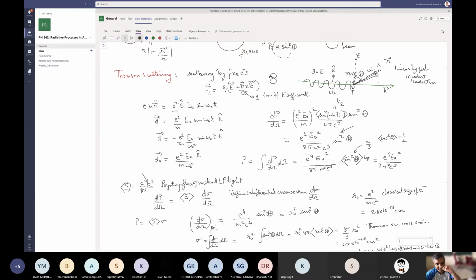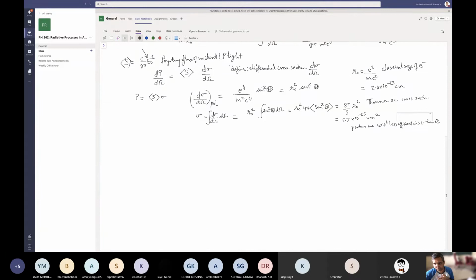When I say the cross section is independent of frequency, I mean that although the scattered light will obviously be oscillating at the same frequency as the incident light, the fraction of light that appears in this direction will be the same in the two cases. This is not true always. For example, for Rayleigh scattering, there is a very strong dependence on frequency.